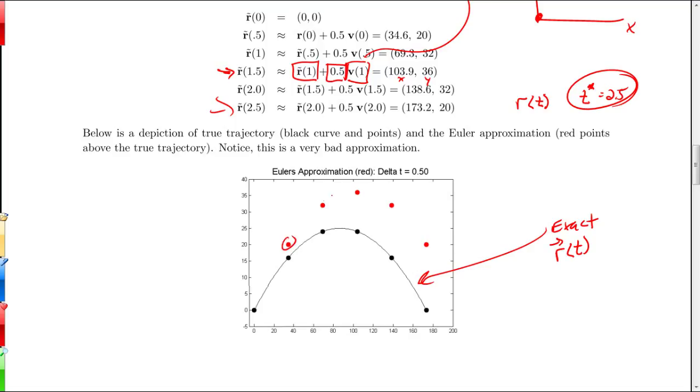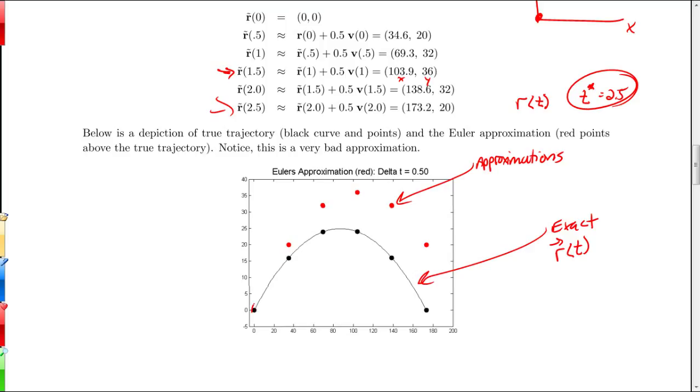But these red dots that I'm circling now are coming from my Euler approximation. These are the approximations. And as you can see, it's not a very good approximation, and as time proceeds, my error gets greater.